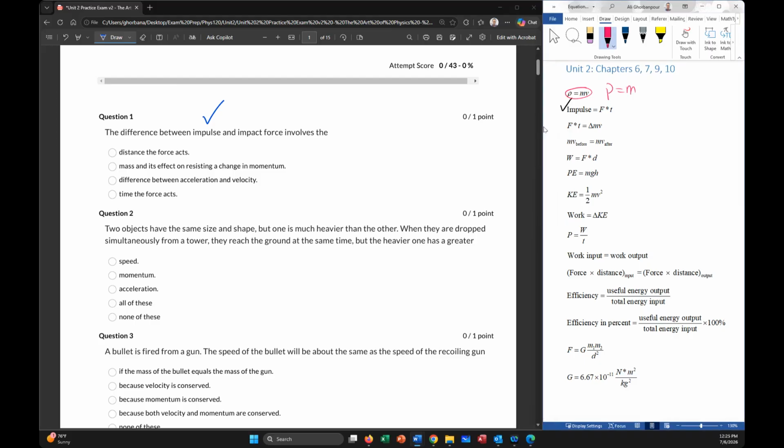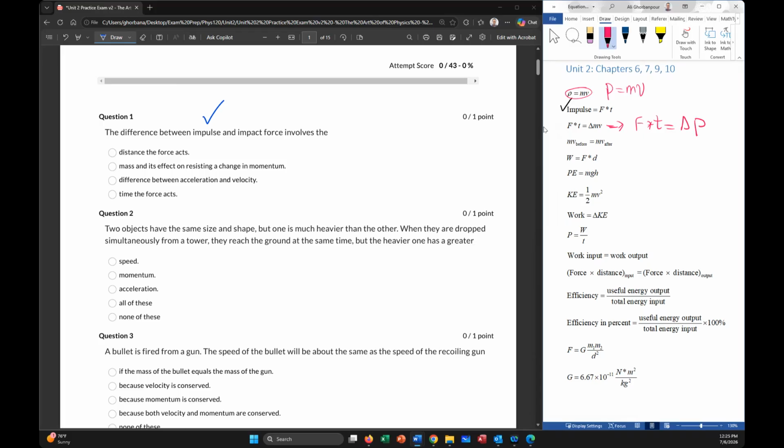It's P equals mass times velocity. It's a P, not rho. So impulse is equal to the change of momentum. You can rewrite this equation: force multiplied by t, we call it impulse, and by having this we can calculate the change of momentum.